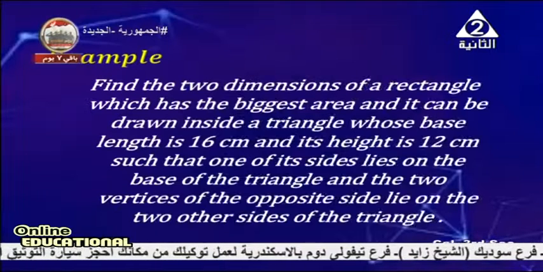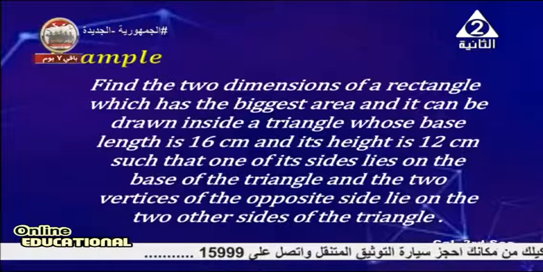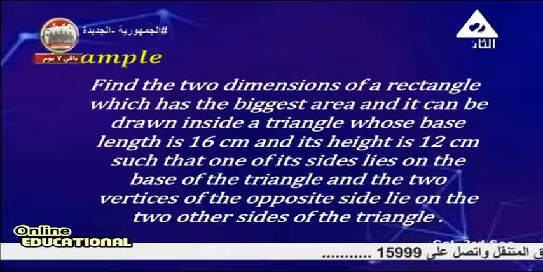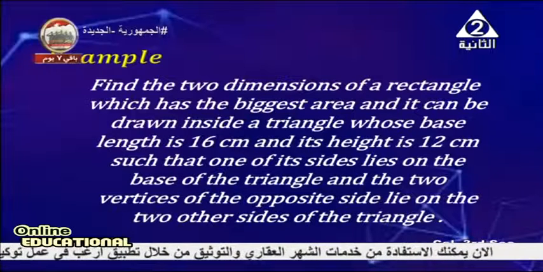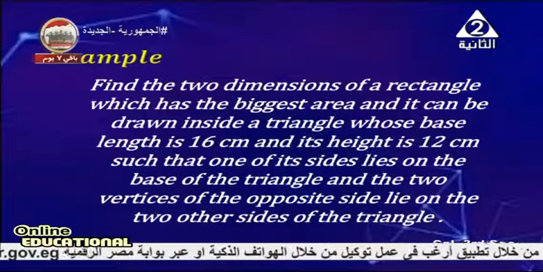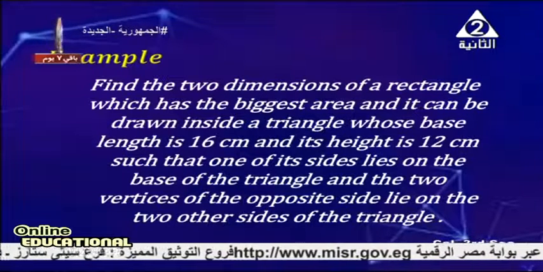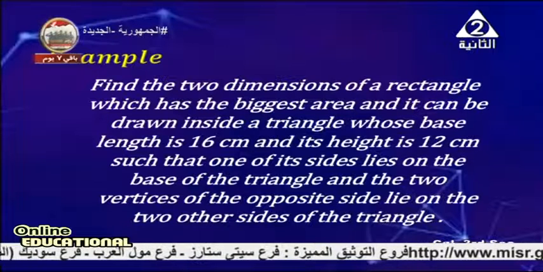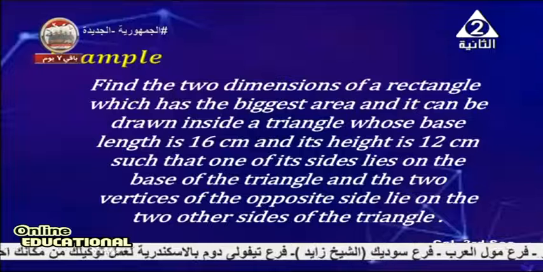Another example. Find the two dimensions of a rectangle which has the biggest area, and which can be drawn inside a triangle whose base length is 16 centimeters and its height is 12 centimeters, such that one of its sides lies on the base of the triangle and the two vertices of the opposite side lie on the two other sides of the triangle.